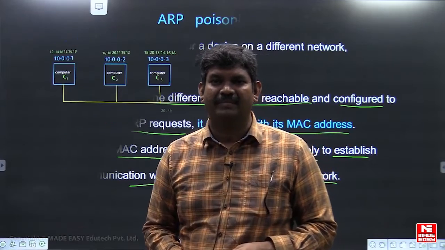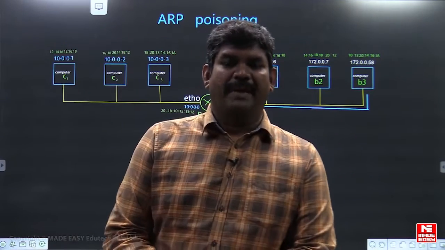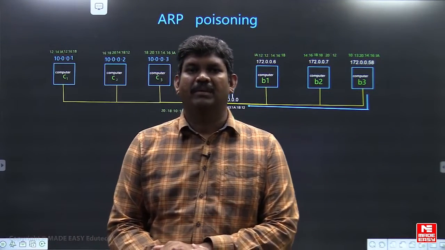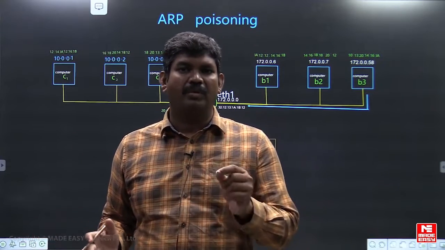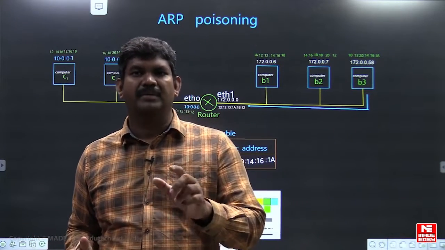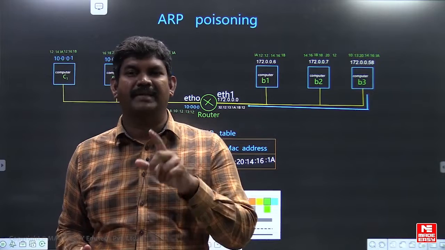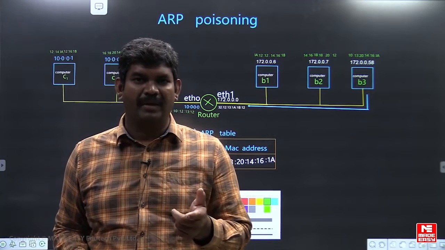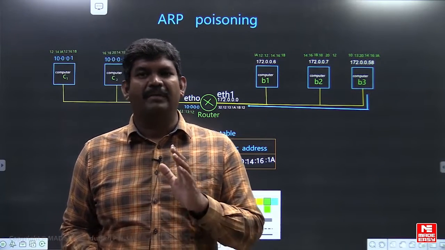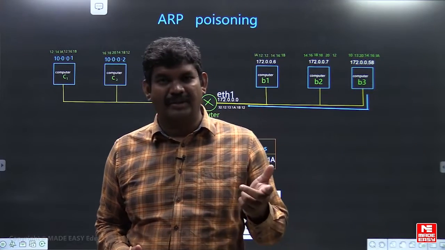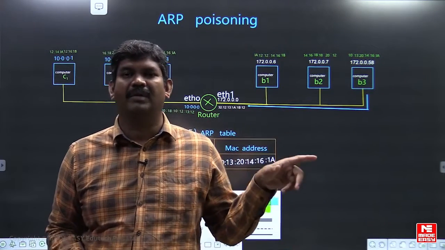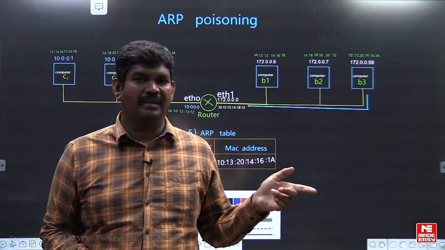Got it? So in the previous discussion, whatever we talked about the ARP protocol, how to find the MAC address of a computer if it is in the LAN, we have covered. Followed by that, if you are looking for the MAC address of a destination which is available on the other network, that also we have analyzed.